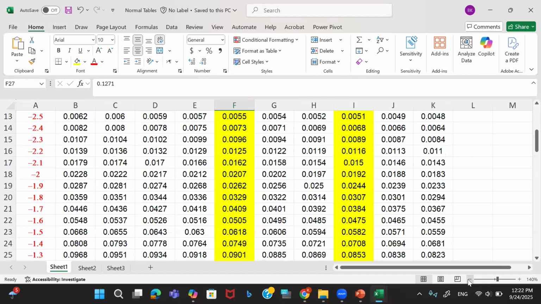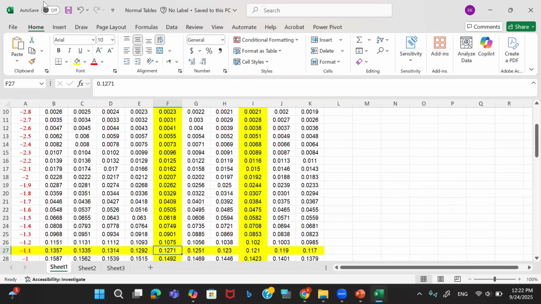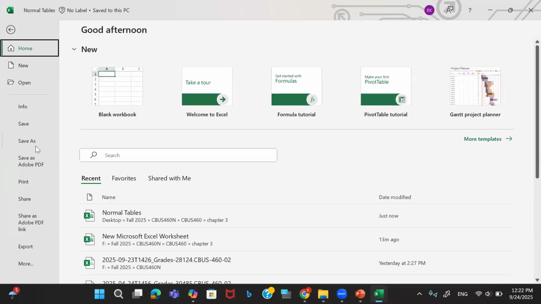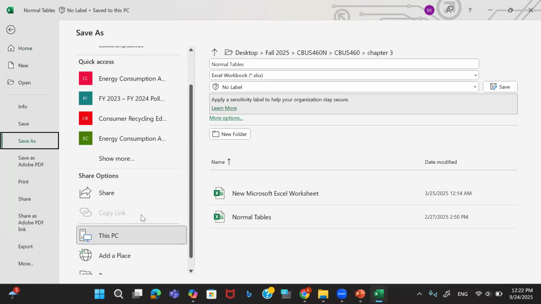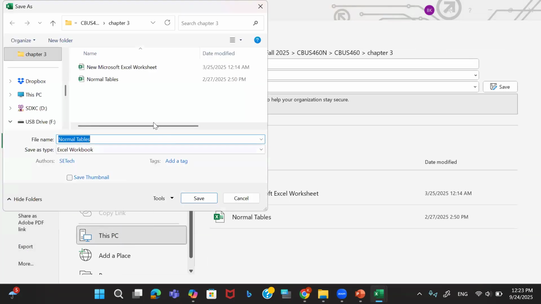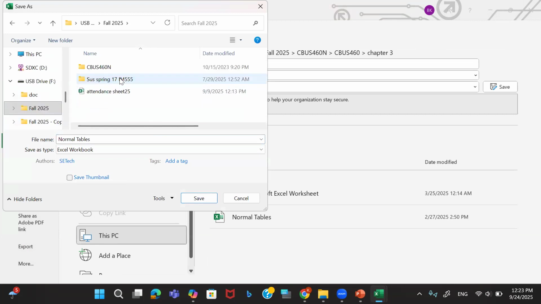Let's save a copy. I'm sure it is somewhere here, but I couldn't find it now.